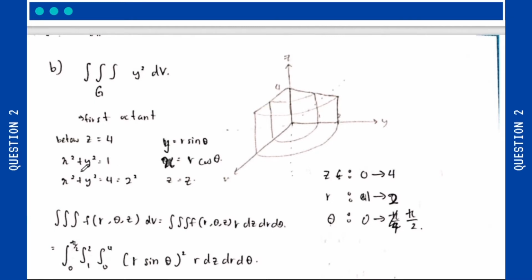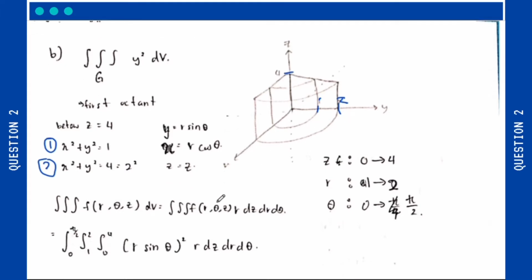This one is the radius of the first cylinder, and the second cylinder is where r is equal to 2. So we draw the first cylinder with radius of 1, and the second cylinder with radius 2. The limit for z is equal to 4. This one is the first octant.